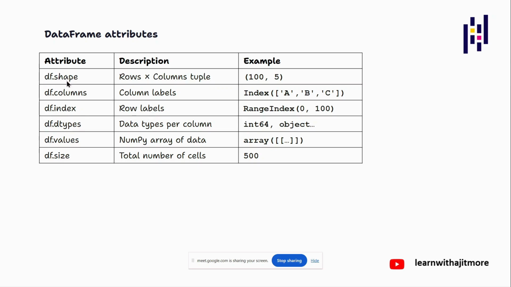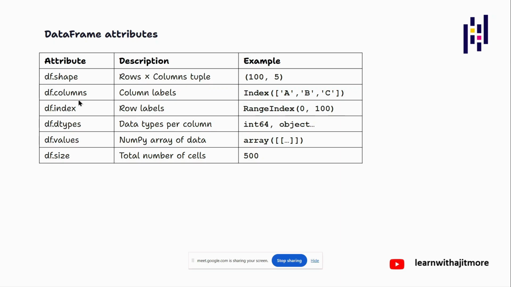So df.shape will return you a tuple containing how many elements are there in the rows and columns. It is a tuple containing rows and columns. Example, suppose if you get 100, 5, it means there are 100 rows and 5 columns. Then if you want all the column labels.